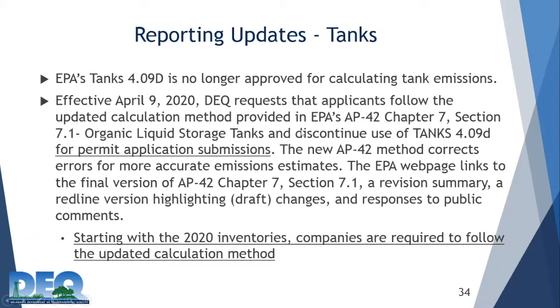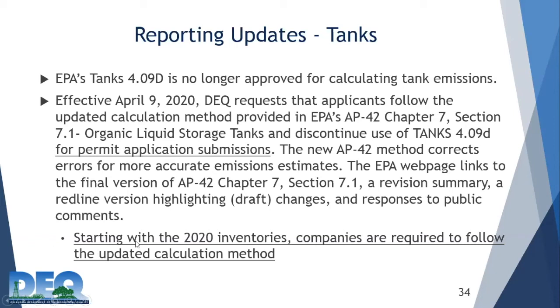So to be in line with our permitting section, which put out a notice that effective April 9th, 2020, they request that applicants discontinue use of the tank software for permit application submissions, and they need to be utilizing the new AP-42 method, which corrects errors for more accurate emission estimates. We are going in line with that.